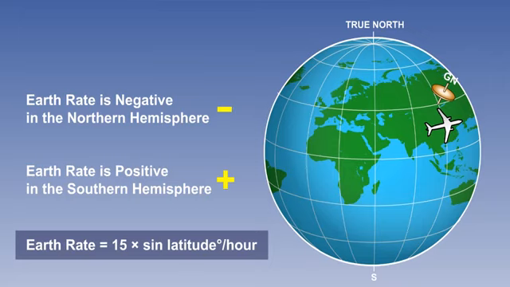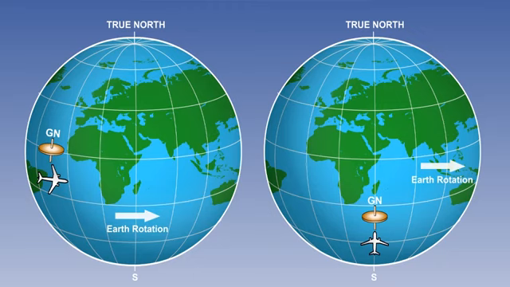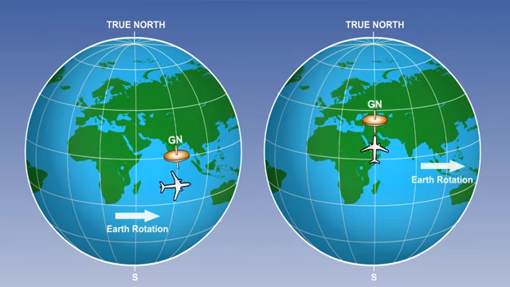We will look at this in more detail in the companion lesson on drift rate calculations. Note that transport wander occurs when the gyro is transported in an easterly or westerly direction across the Earth at latitudes other than the equator. At the equator, transport wander will be 0. It will also not occur on flights along a north-south meridian.